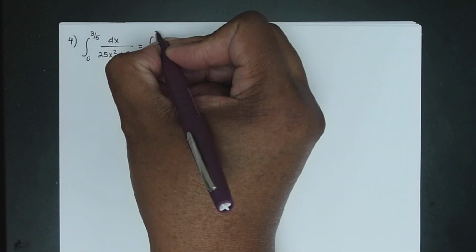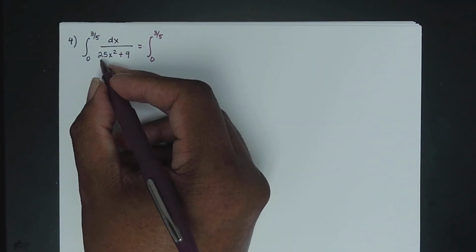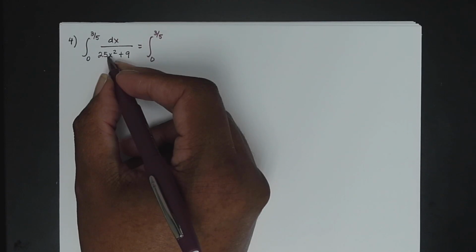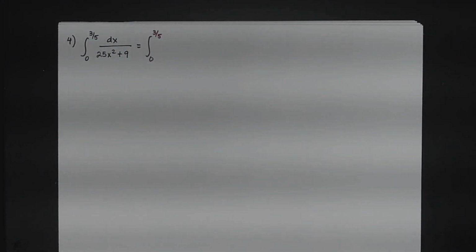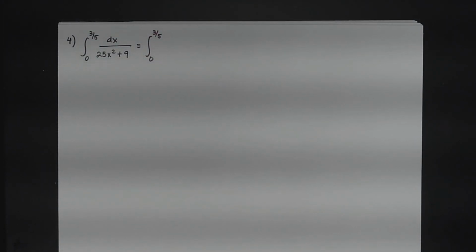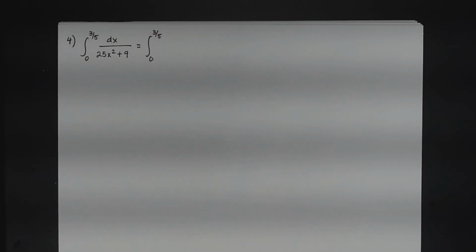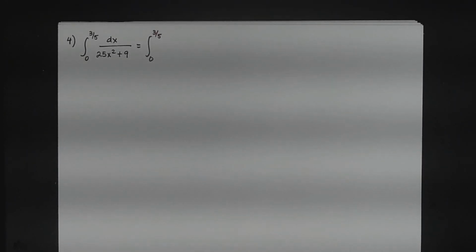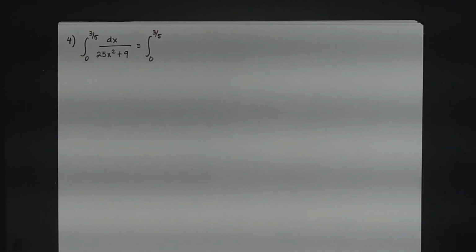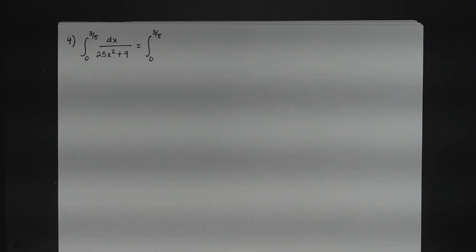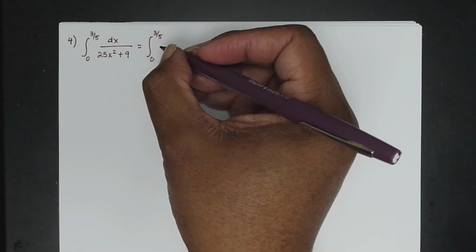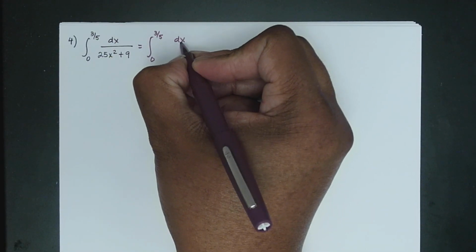I noticed one thing about the denominator, that 25x squared is a perfect square, and that 9 is a perfect square. That's something you just got to recognize. And in this case here, I can use one of those inverse trigonometric integrations. So here's what I'm going to do. Bring this dx over.